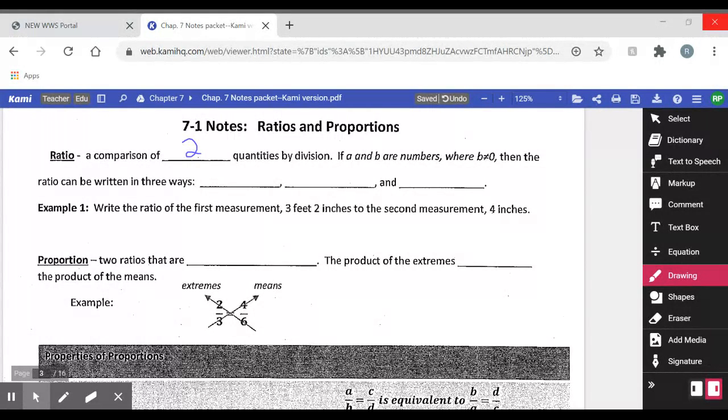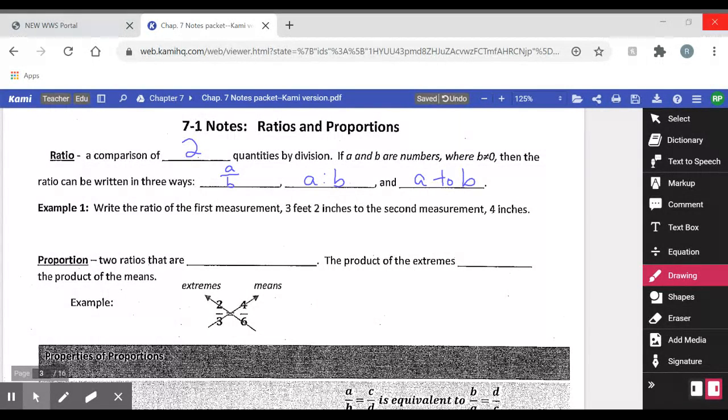It says if A and B are numbers where B is not equal to 0, then the ratio can be written in three ways. You could write it as a fraction, A over B, or as A colon B, or with A and then the word to B. Those are different ways you might see a ratio.